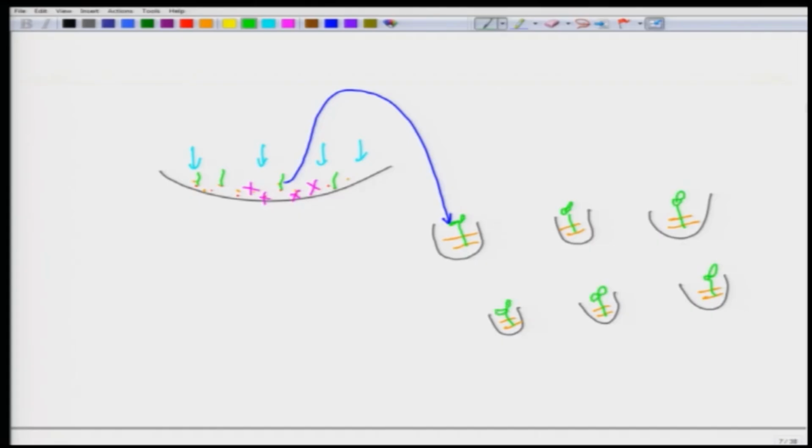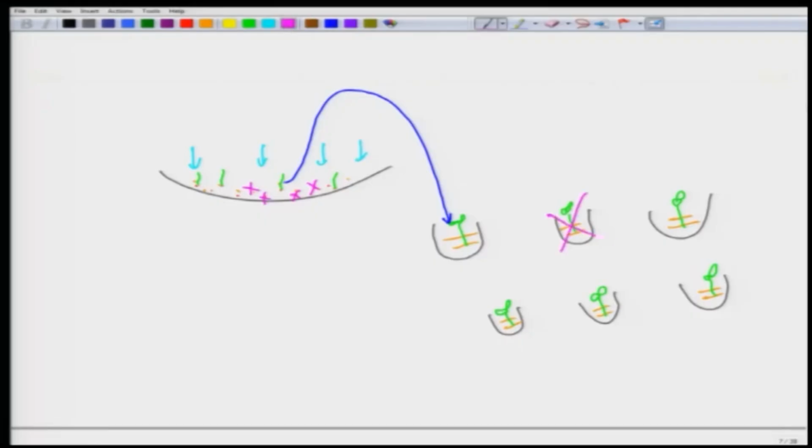But while these seedlings are growing into saplings, there is a possibility that some of them will die out in the nursery itself, probably because a few of them got infested with some disease or with some pest or insects, or possibly because a few of them were not able to get sufficient water for any reason, or probably they were not able to get sufficient sunlight, or because there was some genetic abnormality in that seedling. So, there is a chance that a few of these seedlings will also die out.